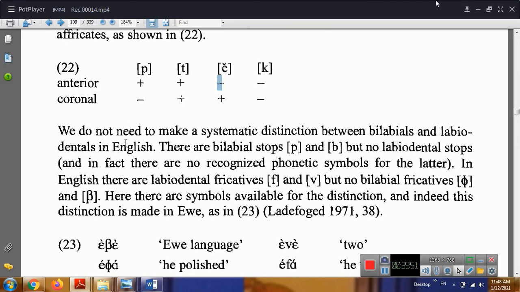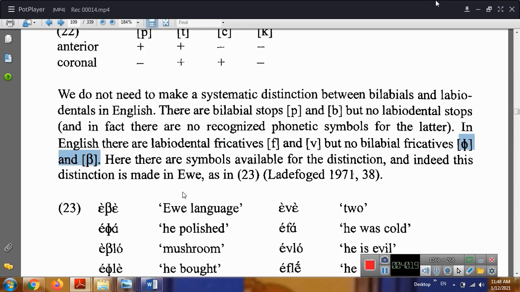We don't need to make a systematic distinction between bilabials and labiodentals in English. There are bilabial stops p, b, but not labiodental stops, and in fact there is no recognized phonetic symbol for the latter. Okay, here you can see some sounds in some languages. In English there are labiodental fricatives f and v, but not bilabial fricatives. We don't have such sounds in English.